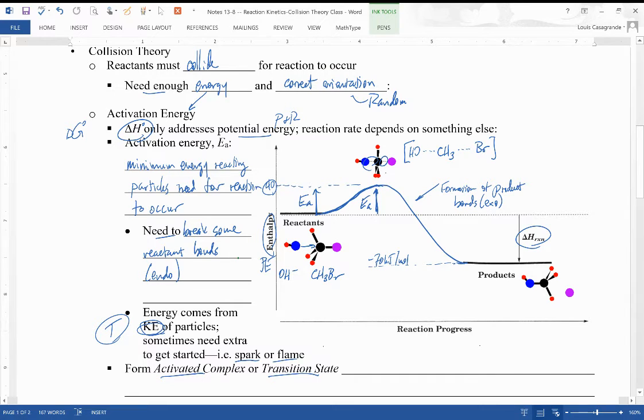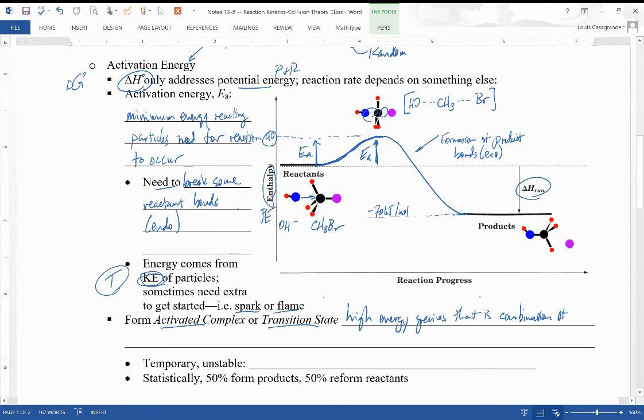But what the activated complex is, it's a high energy species that is a combination of the reactant, or reactants, and the products.